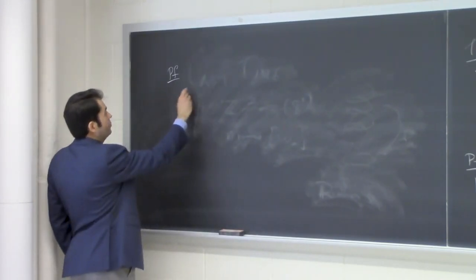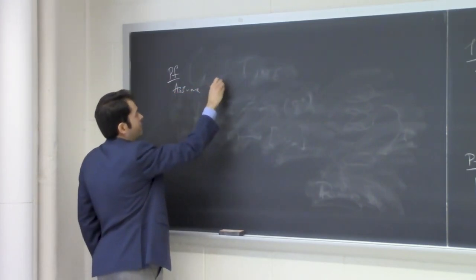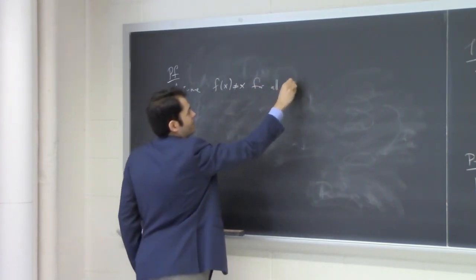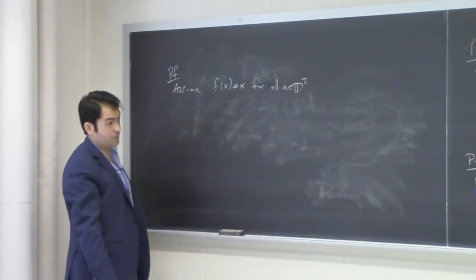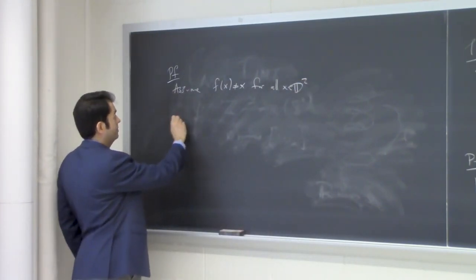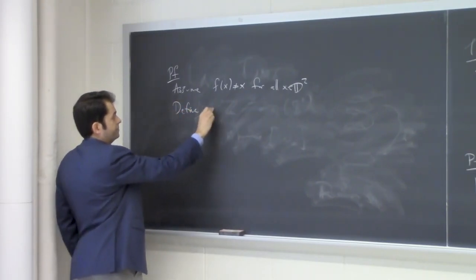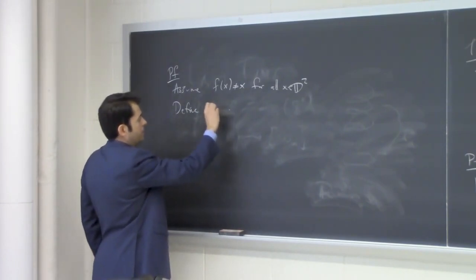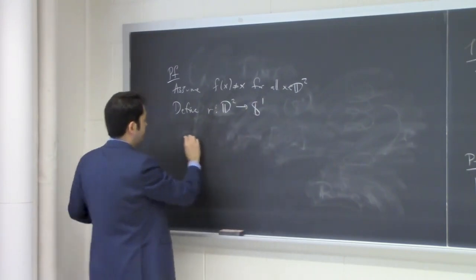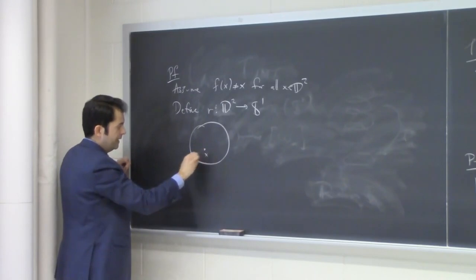So assume that this doesn't happen. Assume f of x is different from x for all x in D2. OK, so we're going to construct a map, define R from the disk to S1. So here's the picture. You have a point x.